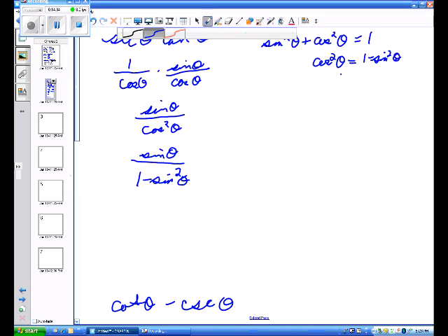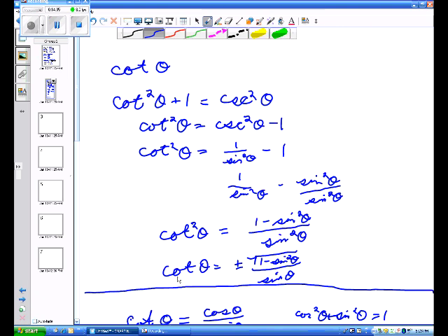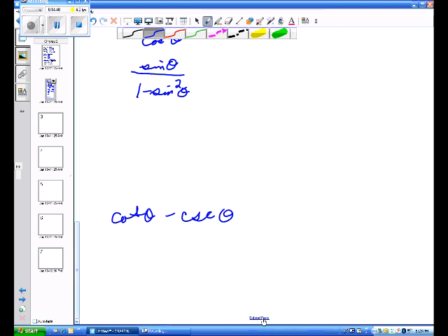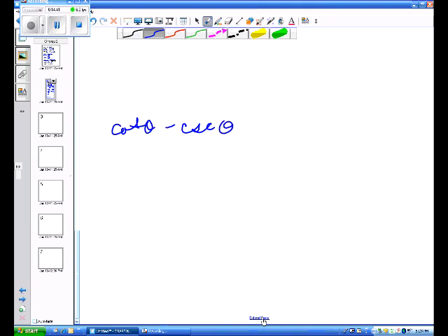Hopefully you've gotten them memorized to where you don't have to look back each time, but can think of the identity. That's the goal, to get to where you can think, okay, cotangent is cosine over sine. Cosecant, well, our reciprocal identity says this is 1 over sine.